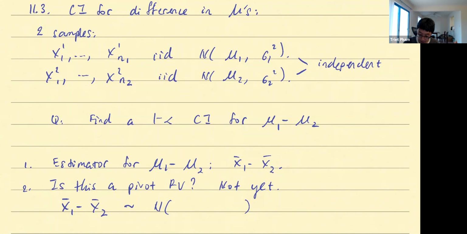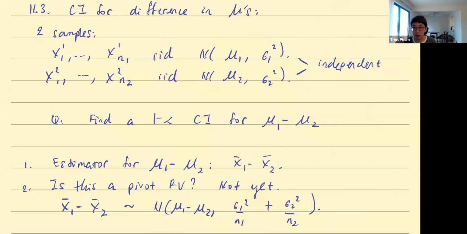Excellent, exactly. So mu1 minus mu2 and sigma 1 square over n1 plus sigma 2 square over n2. And where does that come from? You missed that, and Samuel missed the n1, n2.